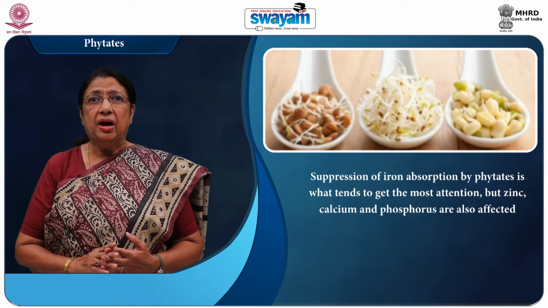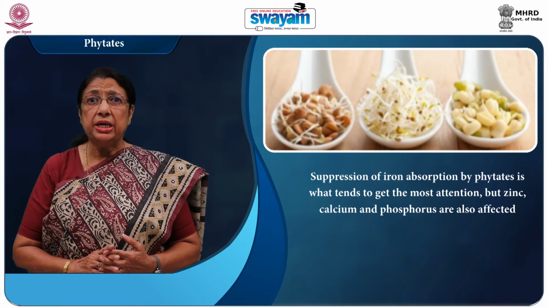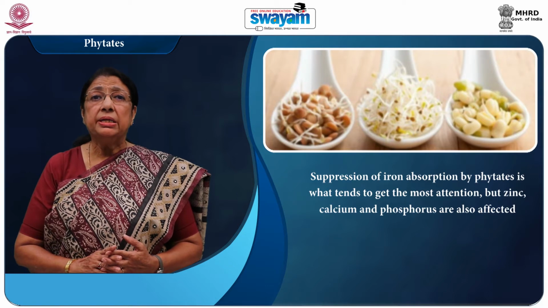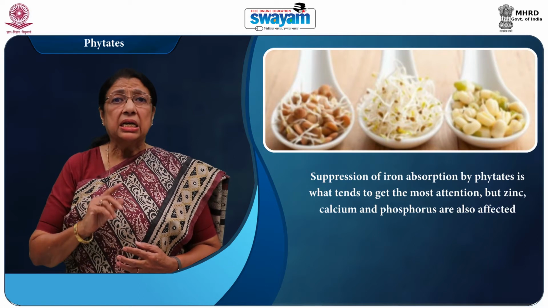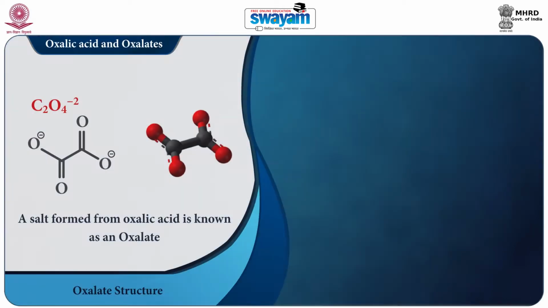Suppression of iron absorption by phytates is what tends to get the most attention, but zinc, calcium and phosphorus are also affected.